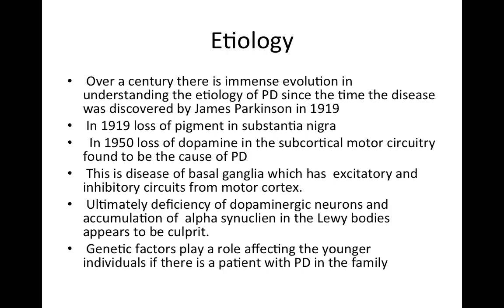They have the inhibitory and excitatory circuitry from the cerebral cortex down to the basal ganglia. Basal ganglia, in turn, have nerve tracts influencing the lower center, that is spinal cord. Ultimately, they influence the voluntary motor action.